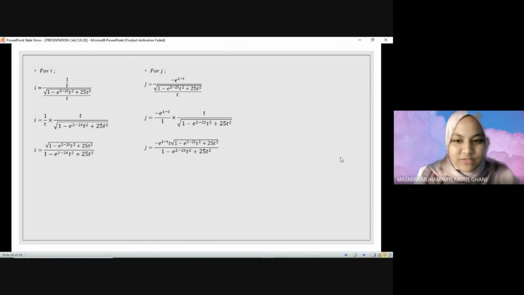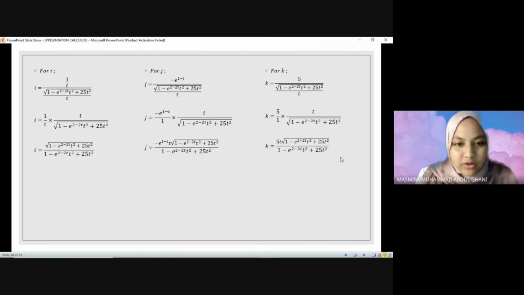And next for k, we use the same step and we got k equal to 5t over the square root of 1 over t squared plus e to the power of 2 minus 2t plus 25, over the same expression.